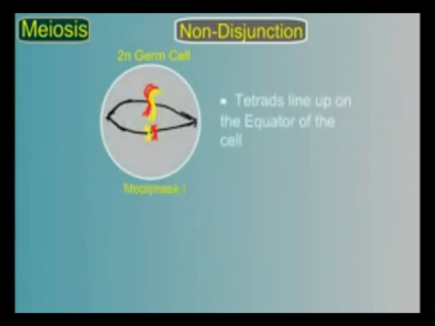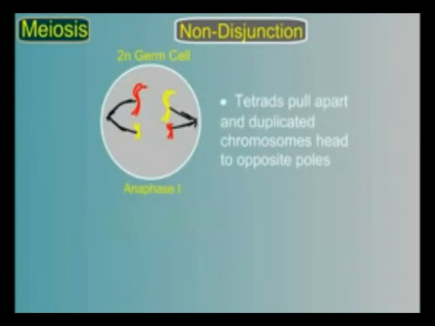In metaphase 1, they align at the center, and in anaphase 1, homologous chromosomes separate. Of course, except when they don't. This is disjunction. The chromosomes have separated. Non-disjunction will be a failure of these chromosomes to separate.